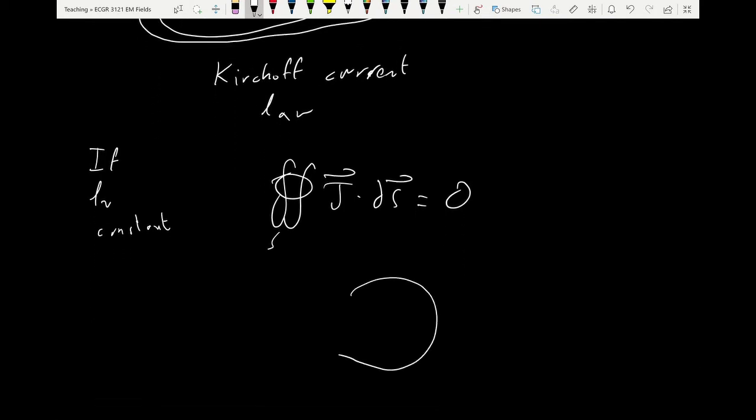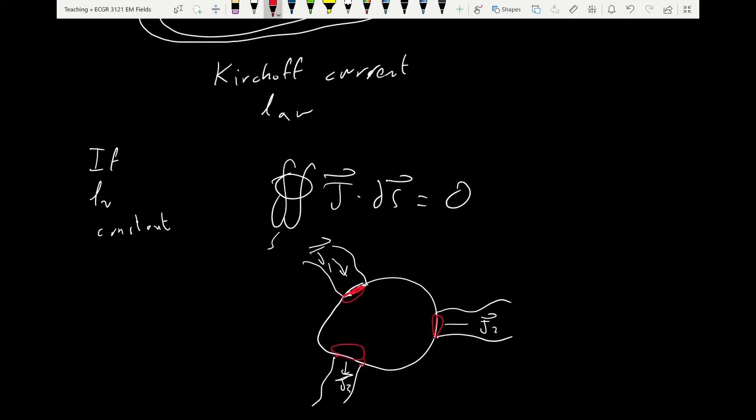So if I have any volume, what does it tell me? That tells me if I have some J flowing in, and some J flowing out here, and some J flowing out here, so this is J1, J2, J3, the integral of J dot dS over the surfaces bordering the volume should be 0, meaning any incoming current should be equal to any outgoing current, right?